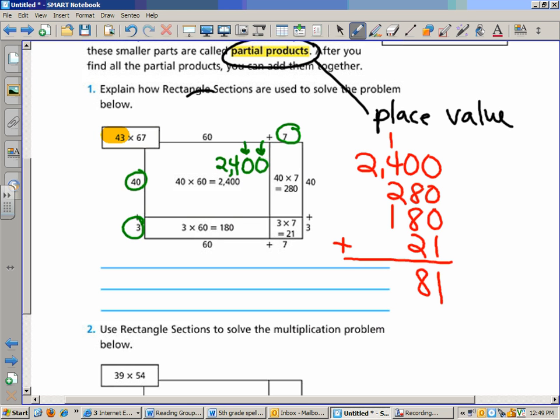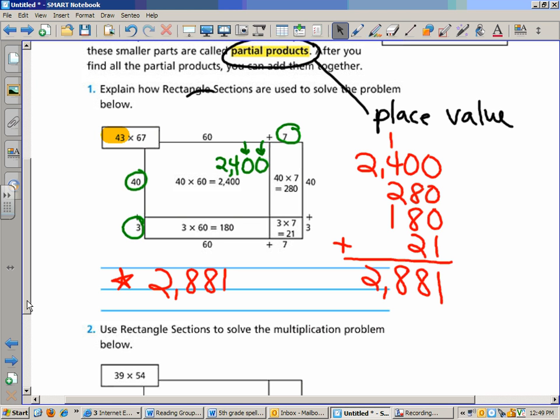Carry the 100. 100 plus 400 is 500, plus 200 is 700, plus another 100 is 800. And then we have 2,000s. So we have 2,881. We've broken it apart by place value in that area model and combined all of our products to get a final product in the end.